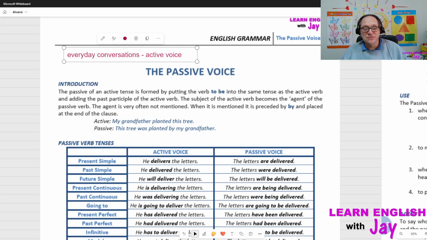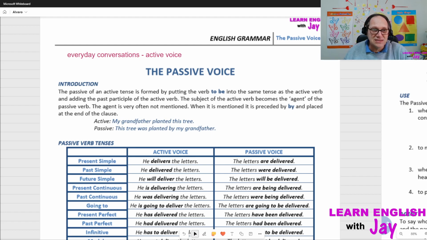That's what we use all the time. When you're talking to your friends, your mum, or your teachers, you are going to be using the active voice. The passive voice is a little bit different. So we're going to go through the introduction, and don't worry if the introduction sounds absolutely terrible.